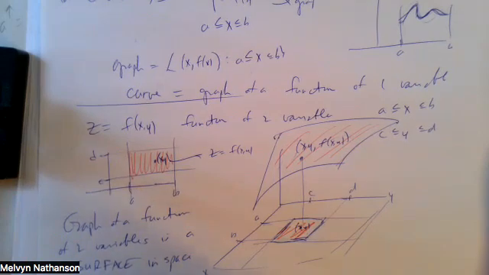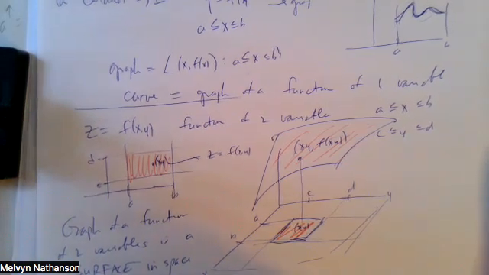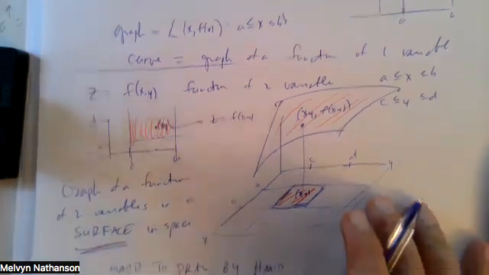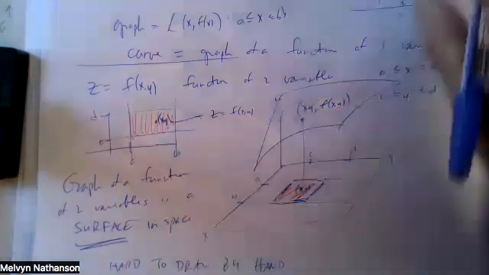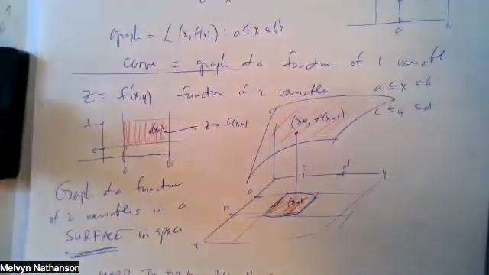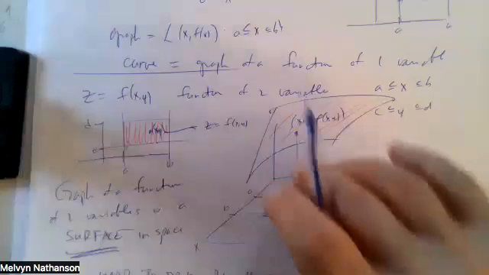hard to draw by hand. So there's special cases where you can do it, but in general, it's almost impossible. It's not almost impossible. It is impossible in general to figure out what the graph of a function of two variables looks like. Now, if you know Maple, Maple can do three-dimensional plots, and you can sketch things in Maple and get some idea of what's going on.